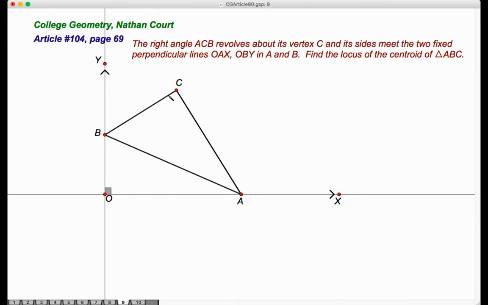So let's make this one 90 degrees. Very good. And remove that one, and then remove that one, and that's it.